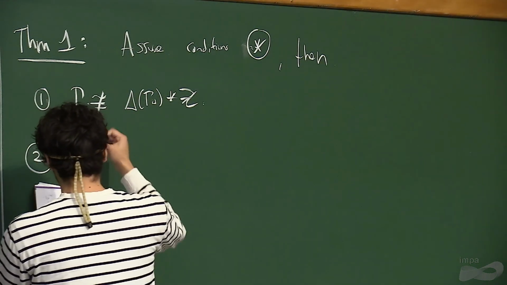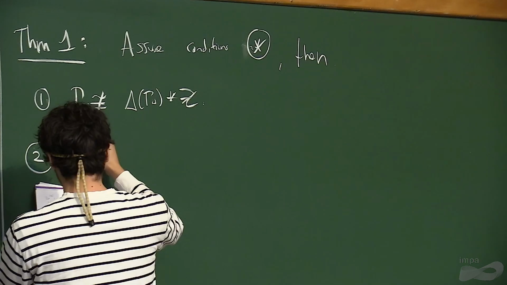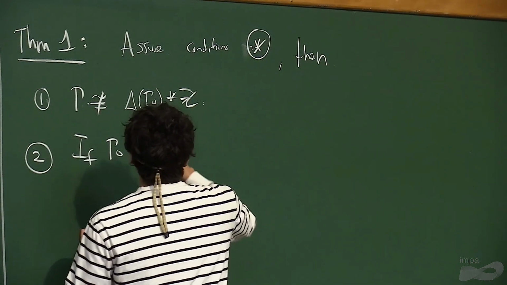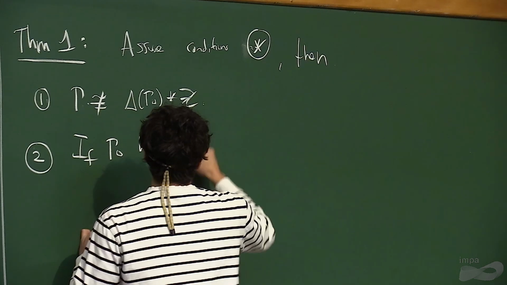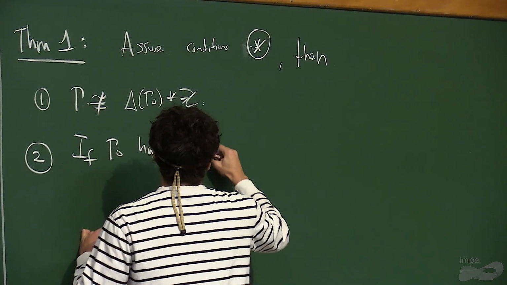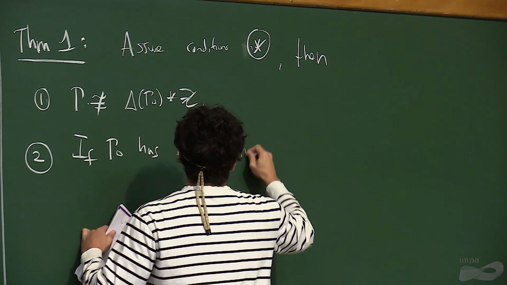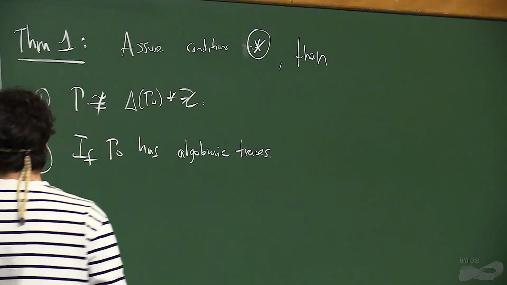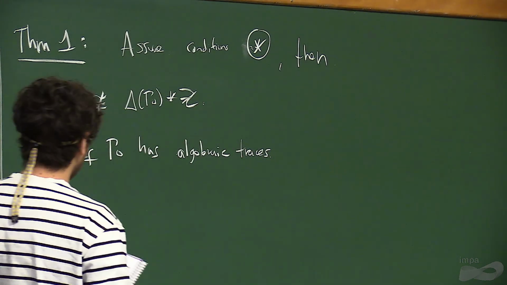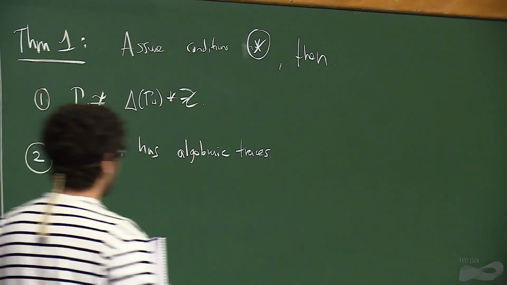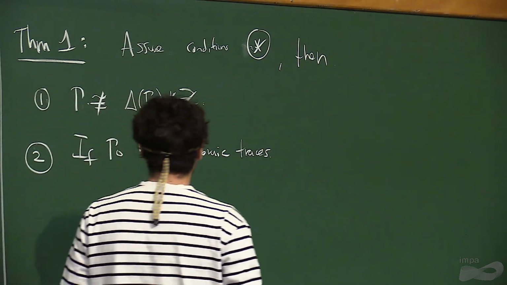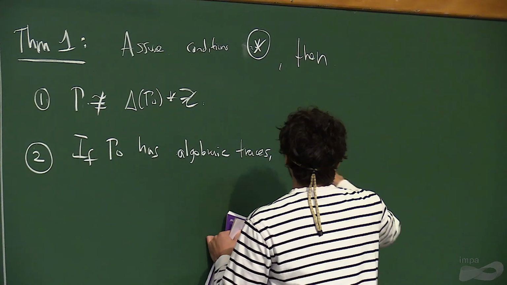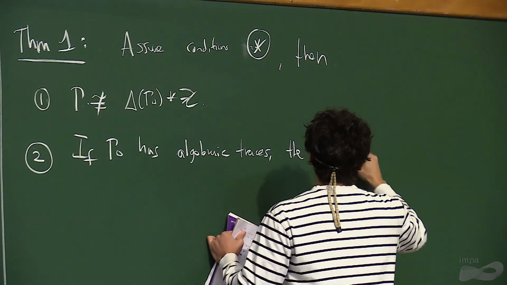More precisely, this says that if gamma 0 has algebraic traces, and what do I mean by algebraic traces? I'll say it in a bit, but then gamma has algebraic traces.